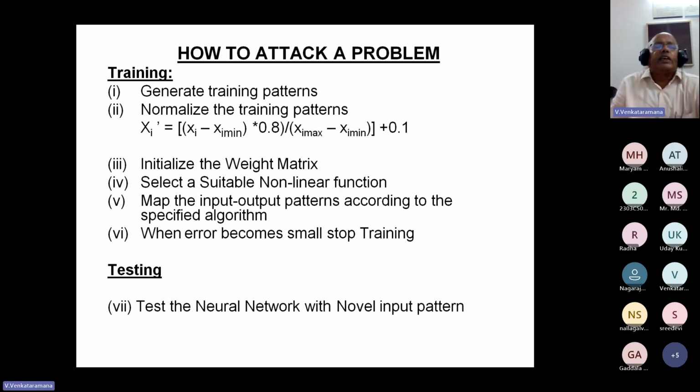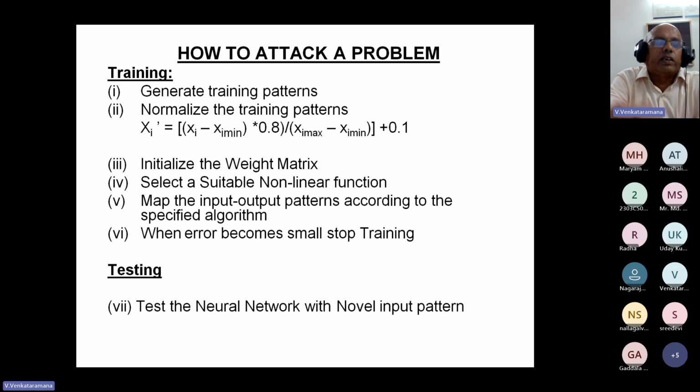Suppose you have the entire data. From the data you pick the minimum value and the maximum value. Then I normalize the input as: (input minus minimum value) times 0.8, divided by (maximum minus minimum), and this whole thing plus 0.1.